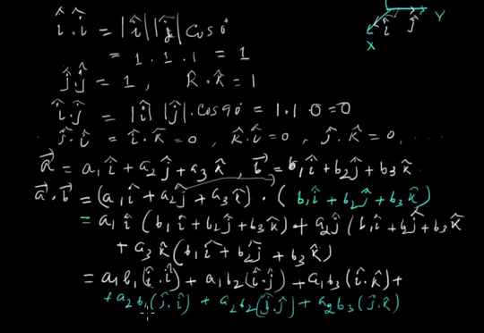Here also this part is 0 and this part will become 0. So only left is A2 B2.